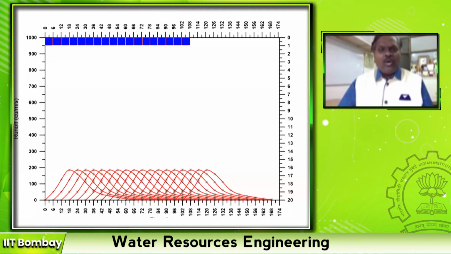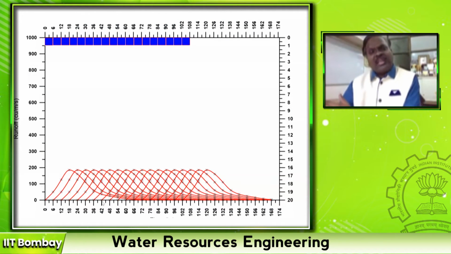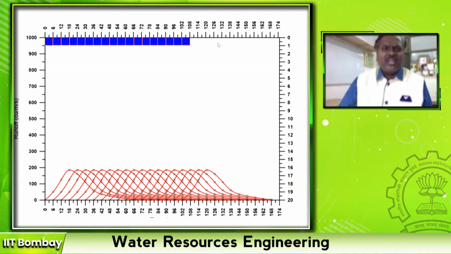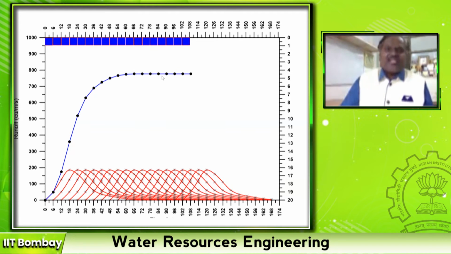That means I go on lagging the D-hour unit hydrograph by an infinitesimal time, continuously, until my discharge becomes constant. If I add one more unit hydrograph, my discharge remains constant. Now I call this summation curve A.